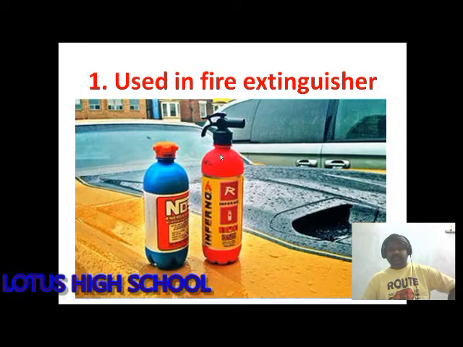When this is compressed, the acid bottle will break. When the acid bottle breaks, the acid slowly moves down and touches the NaHCO3, sodium bicarbonate or sodium hydrogen carbonate or baking soda. When it touches, the reaction takes place and carbon dioxide gas comes out. The carbon dioxide gas passes completely onto the fire, and carbon dioxide gas is a non-supporter of combustion. So here baking soda is used in the fire extinguisher.